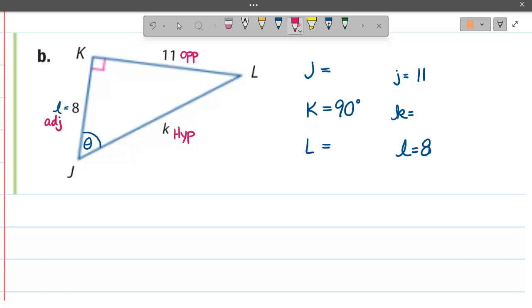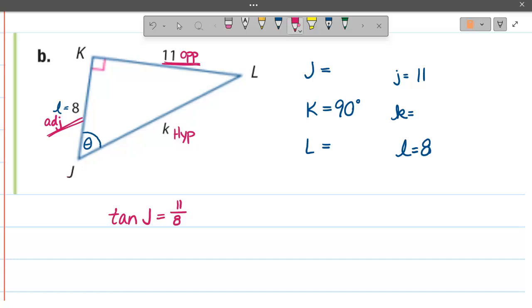So now we could find angle J because we know what the opposite is and we know what the adjacent is. So I could just use tangent. The tangent of angle J, or again, you could put theta if you want, but just to keep track of which angle we're on, I'm going to say angle J, which is theta, is the opposite over the adjacent.